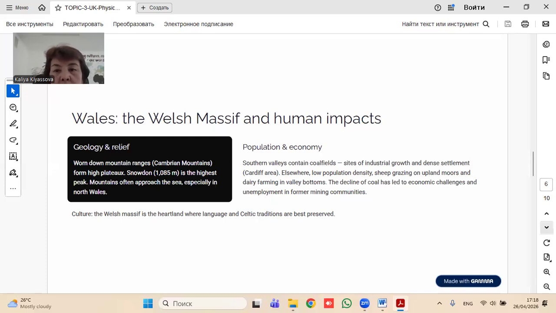The decline of coal has led to economic challenges and unemployment in former mining communities. Culture: the Welsh Massif is a highland where language and Celtic traditions are best preserved.